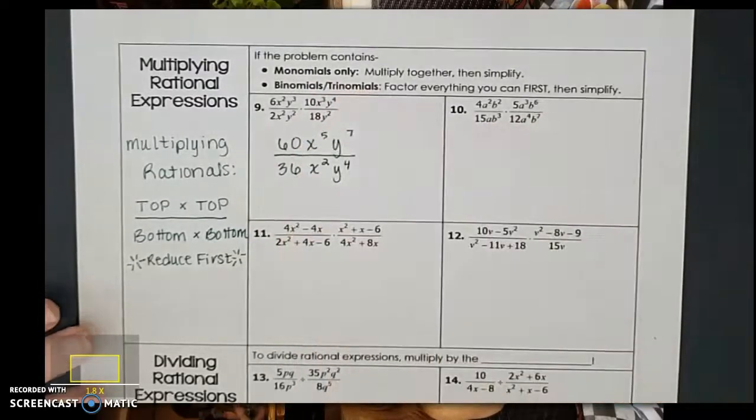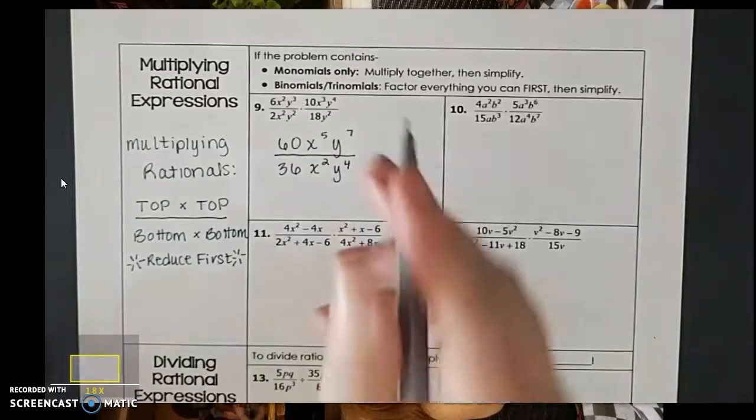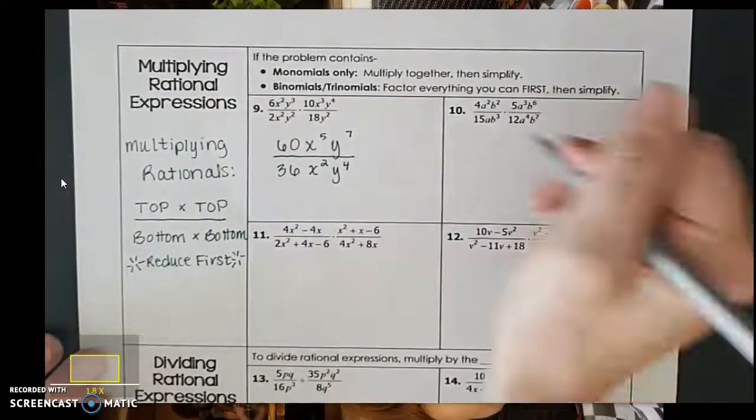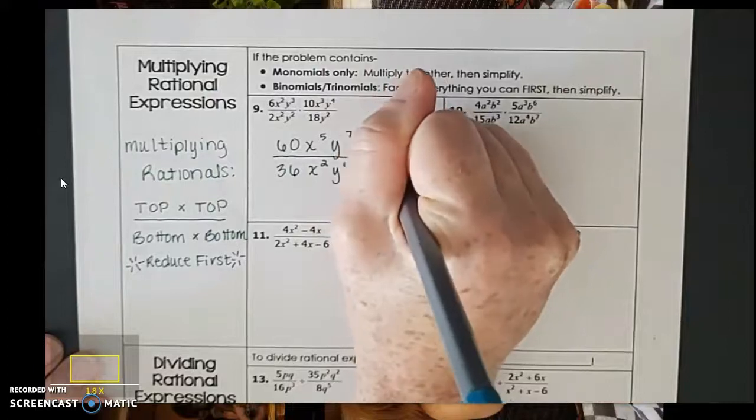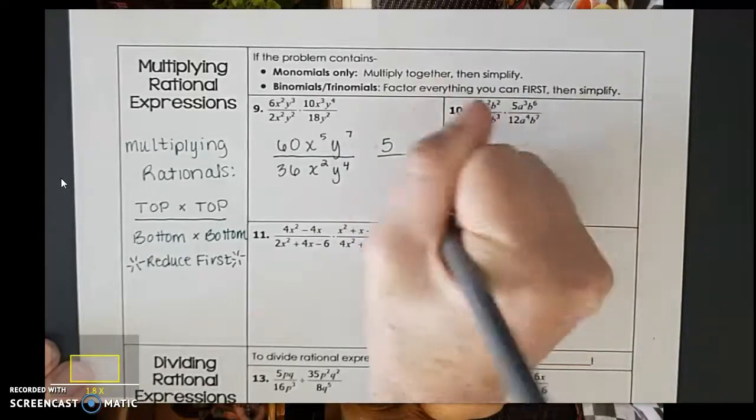And now we're going to reduce. Okay, so let me first reduce my numbers. We have 60 over 36. When you reduce 60 over 36, what can go into both? Let's see. I think it is going to be 12. So 60 divided by 12 is going to be 5, and 36 divided by 12 is going to be 3.